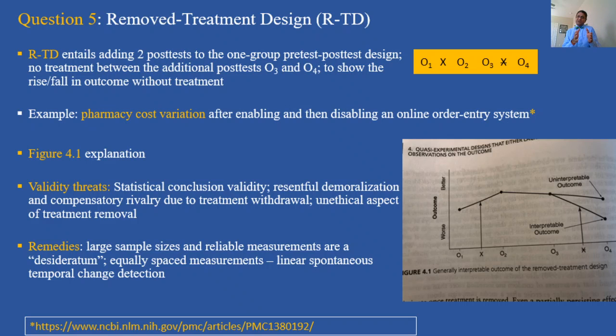Additionally, taking the measurements at equally spaced intervals will allow detection of any temporal spontaneous linear changes. So all four measurements have to be timed at the same intervals. Those would be the remedies to counter the threats that we saw for the remote treatment design.